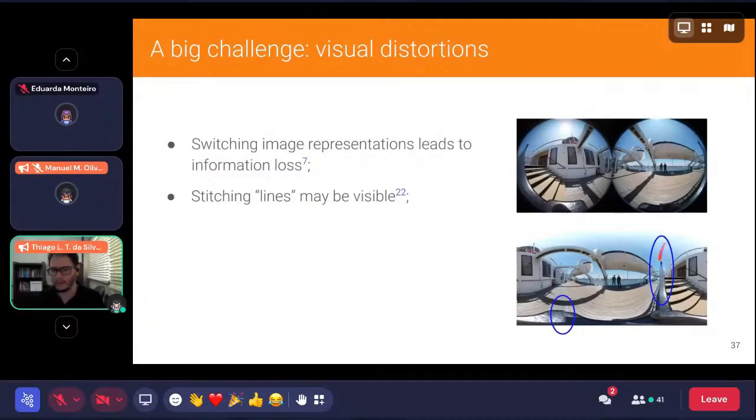I'm not sure if they are visible to you, but sometimes we have different lighting in one view and another view, and it's not equalized when we have the full image represented. So these stitching lines will appear in the same position, like here and here, in all my images captured with the same camera and without further processing. And we can think that maybe these stitching lines will bias some kind of training or so on.